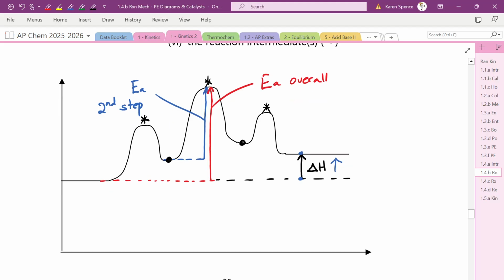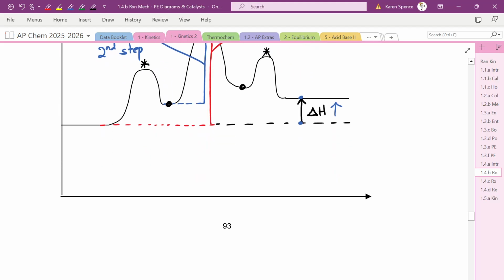What should we label the x-axis of this diagram? Reaction proceeds will work. Any other way we could do it? They tend to stay away from time, and I'm not quite sure why.